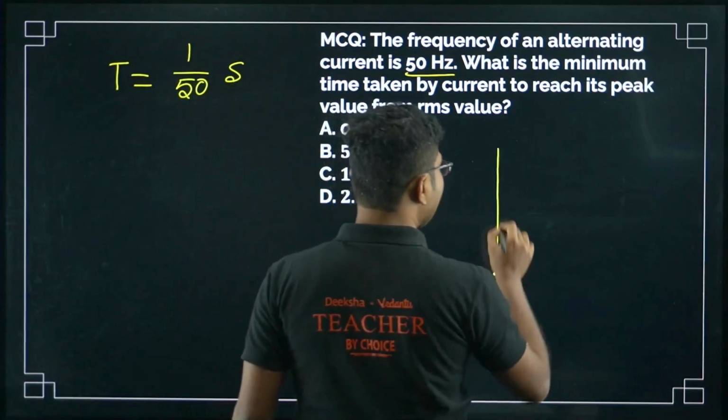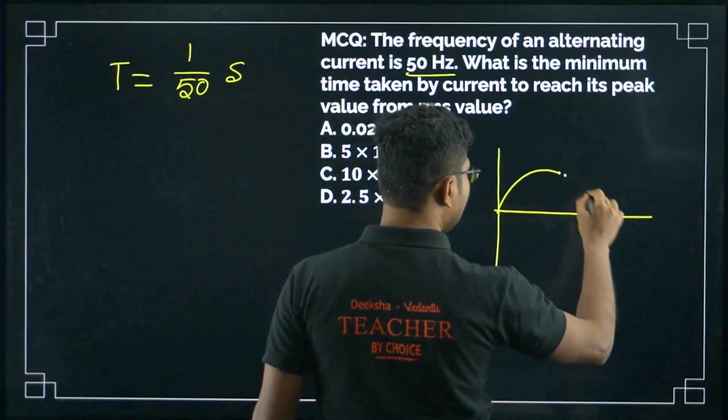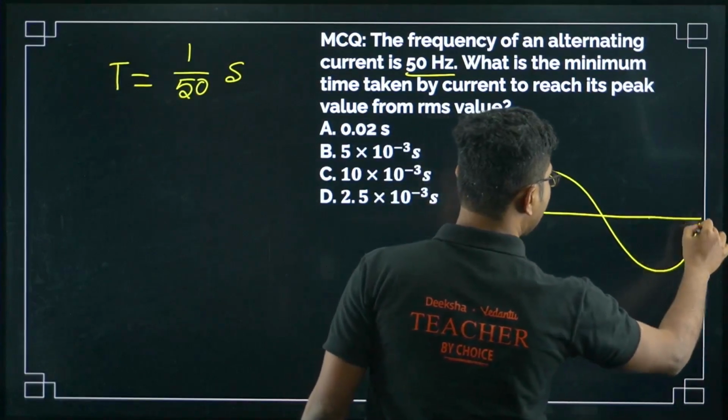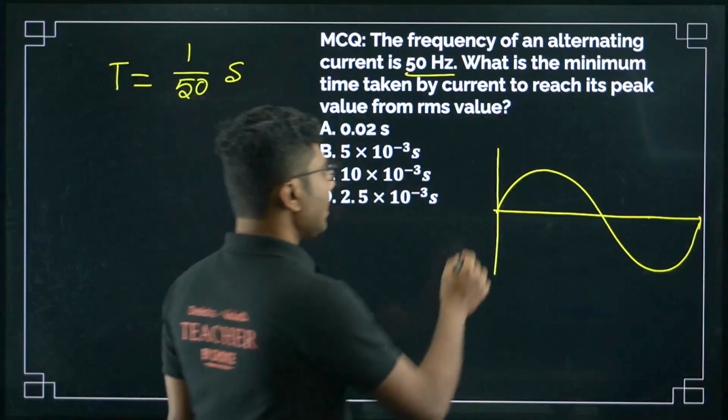Now what is the meaning of time period? This is one time period, the time taken by the wave to reach from here to here.